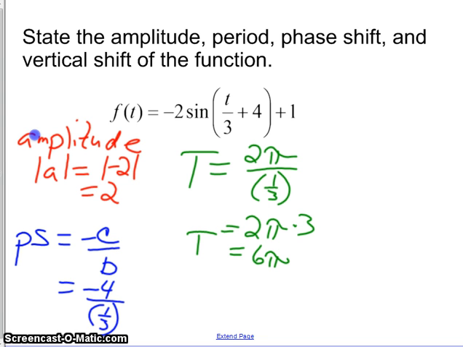Okay, and then just same as we did for period, I'm going to multiply by the reciprocal of 1/3. So that means I'm going -12 to the left, or 12 to the left. And then the vertical shift is 1.